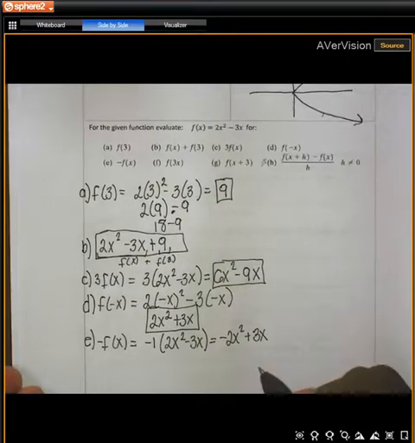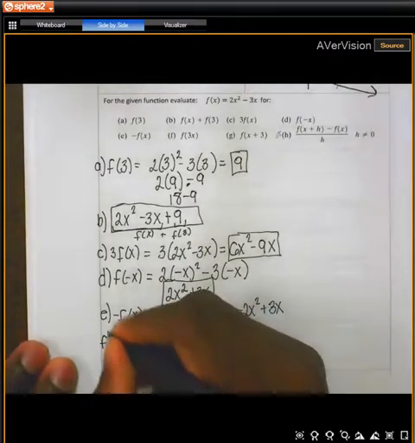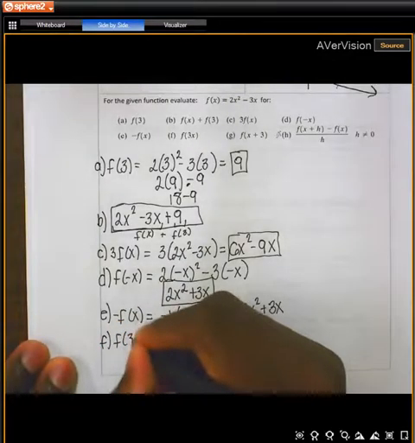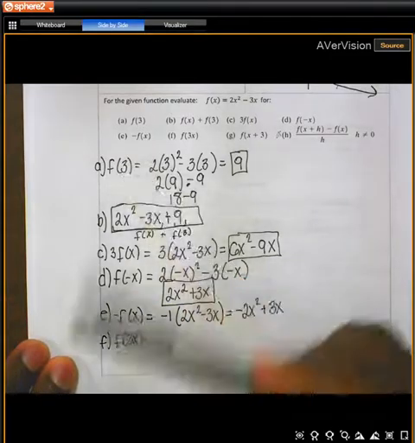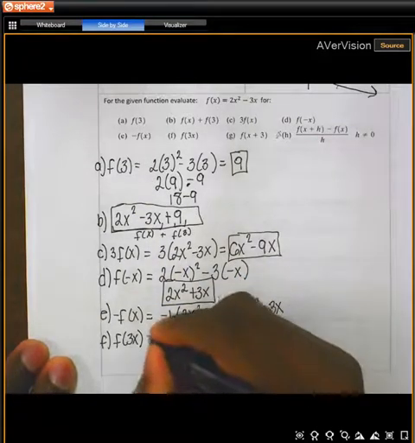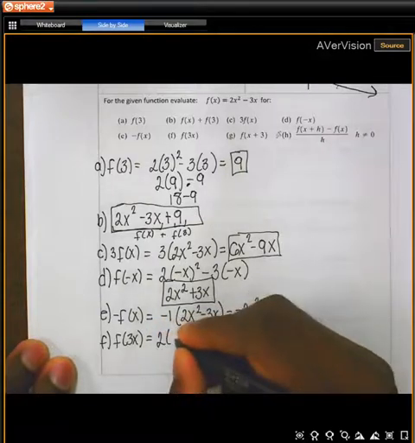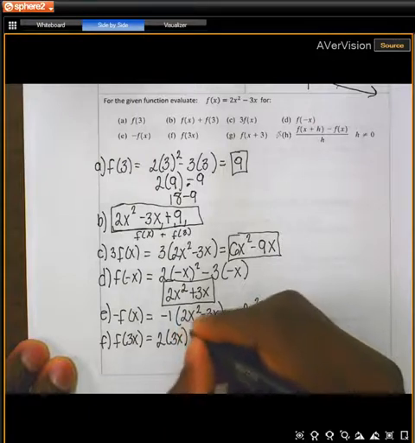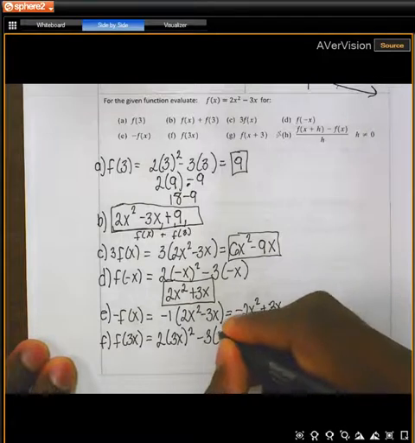And F is similar to A, except instead of just 3, we have 3x. But we still do the same thing and put it in place of x. Let me know if I'm going too fast.